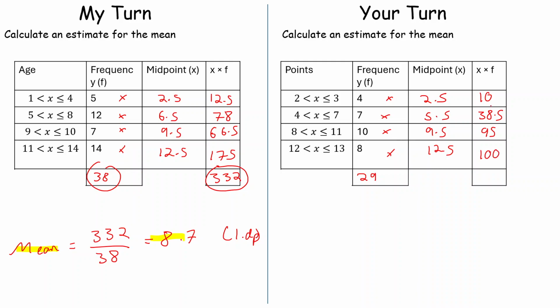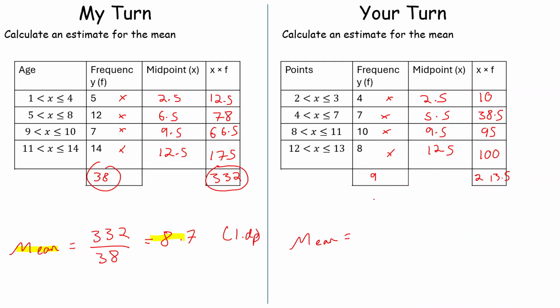Then you can add these together to get the sum of everything, which is equal to 243.5.